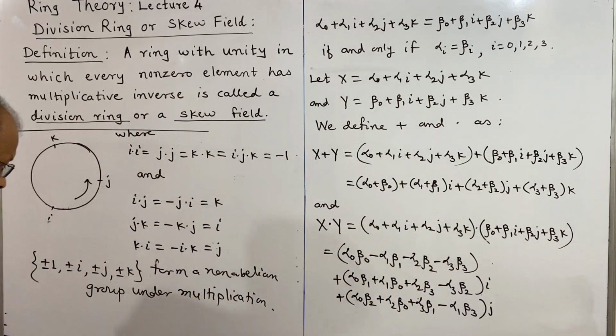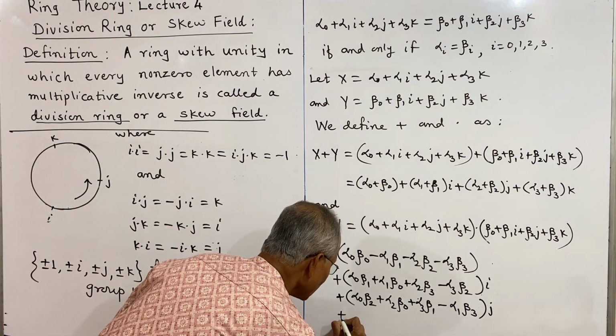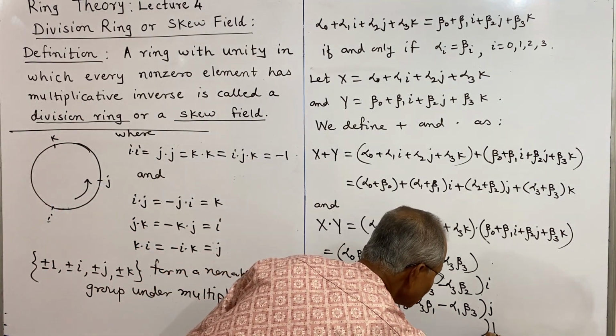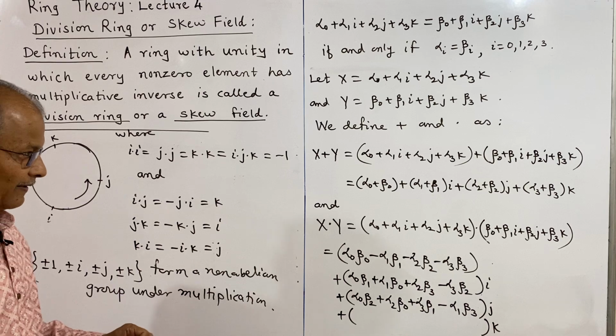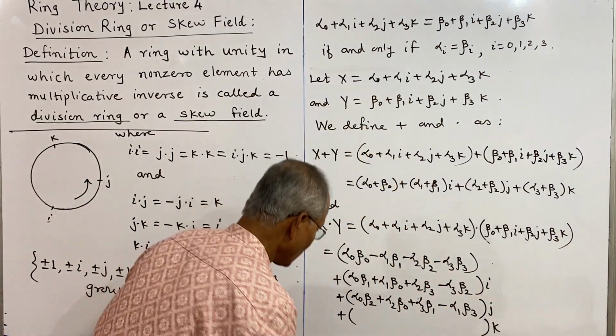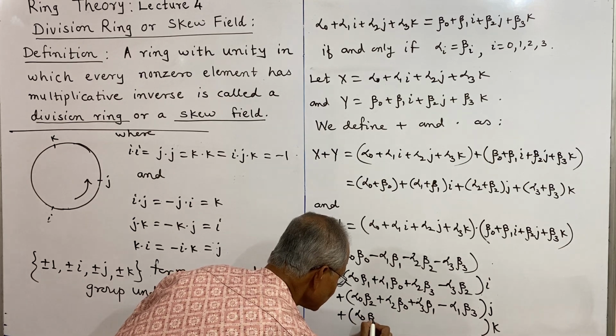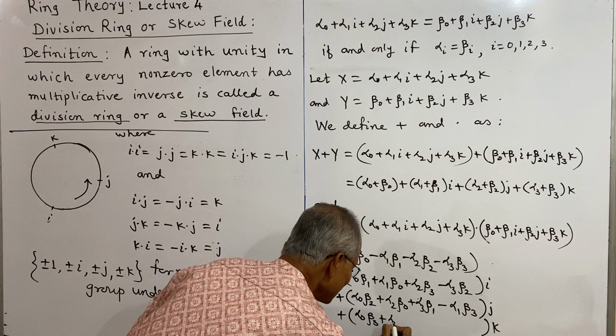You see, and further the last component, of k, is there. Now how to define the component of k: alpha naught beta 3 plus alpha naught beta 3, plus it must now be alpha 3 beta naught.